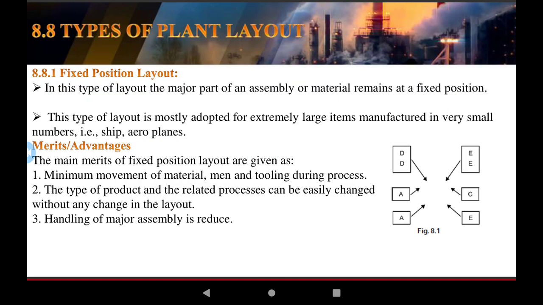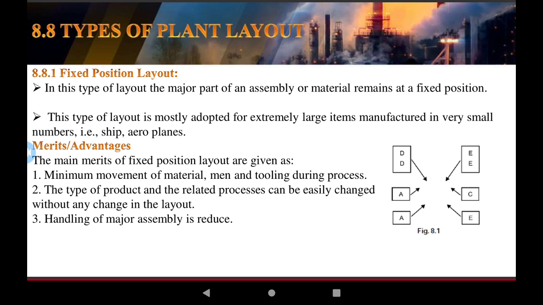Types of plant layout: the fixed position. Continuing with the fixed position plant layout. In this type of layout, the major part of the assembly of material remains at the fixed position. The whole operation is for a single plant operation.